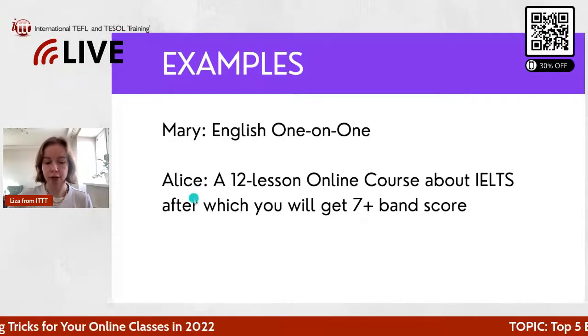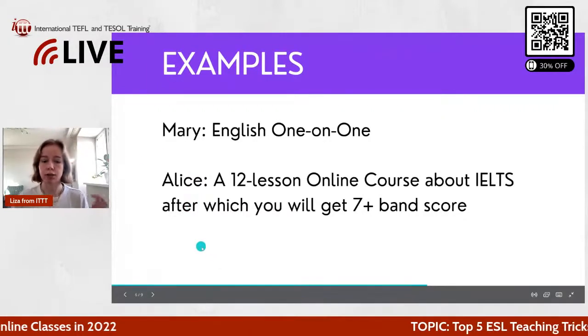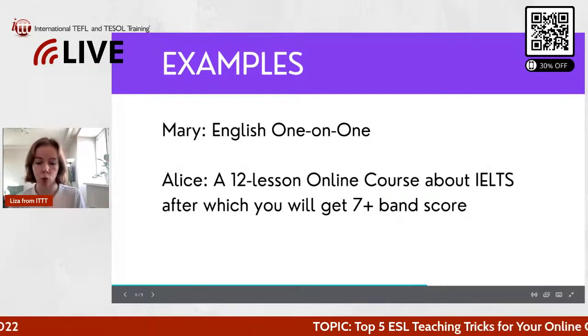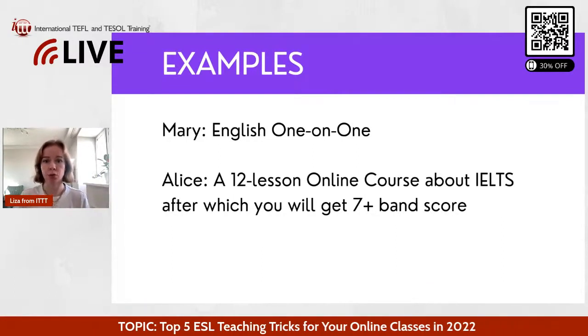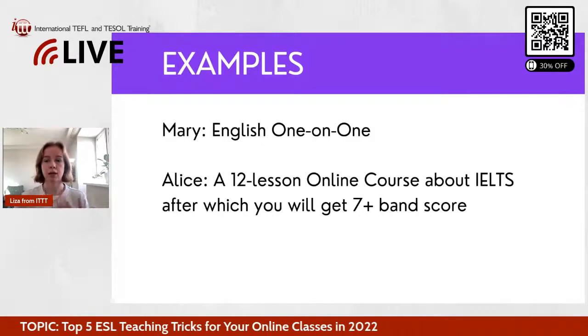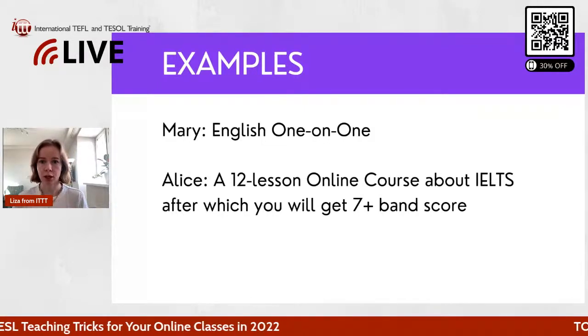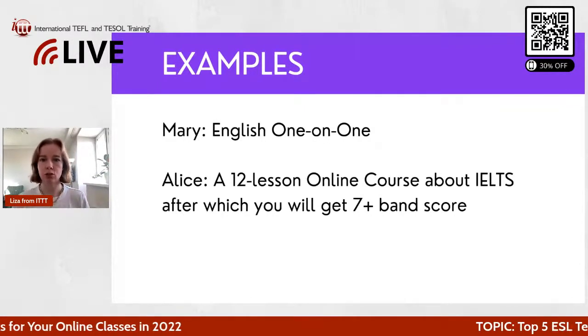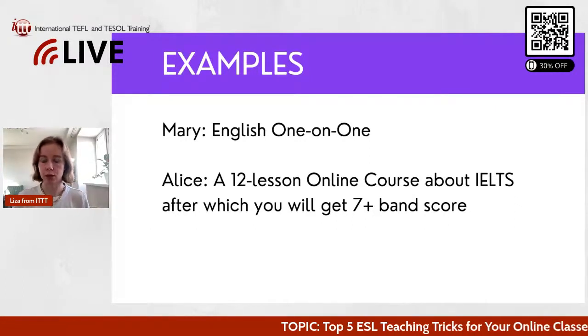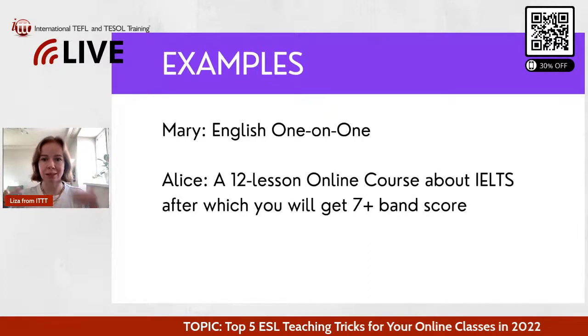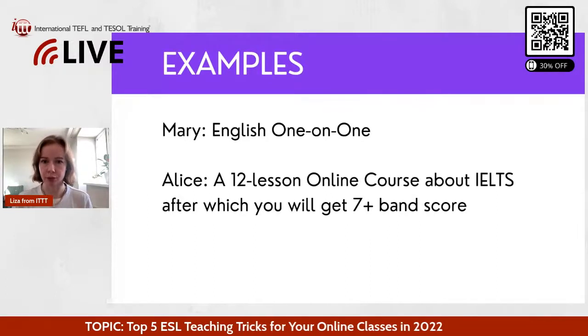On the contrary, teacher Alice offers a 12-lesson online course about IELTS, after which students will get 7+ band score. So if you compare these two types of teachers who provide their services, you will see that the second one is more specific.